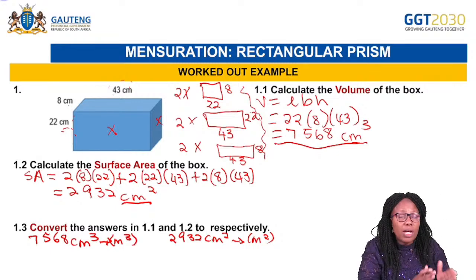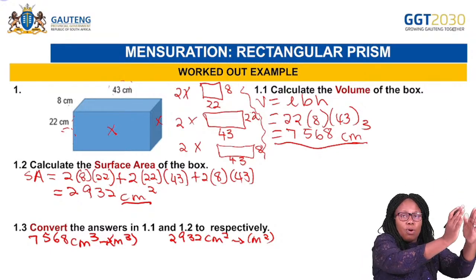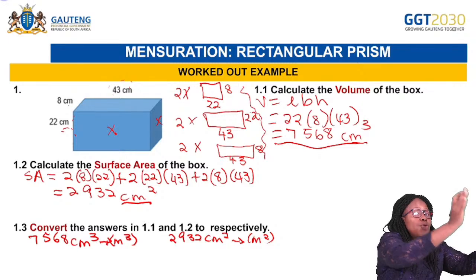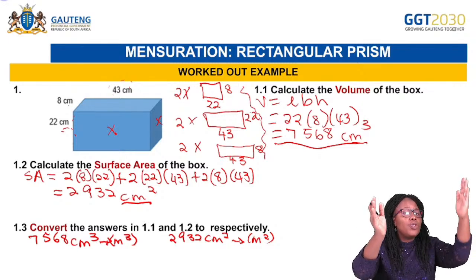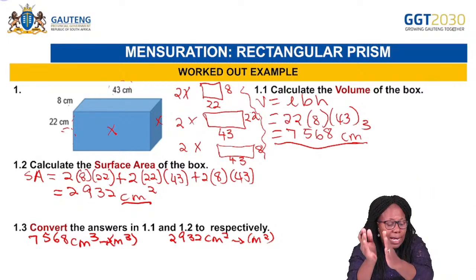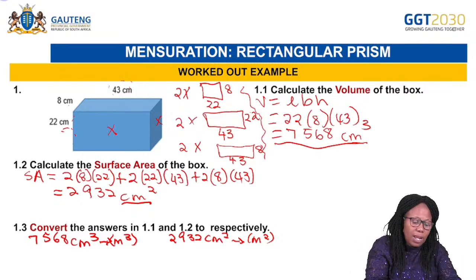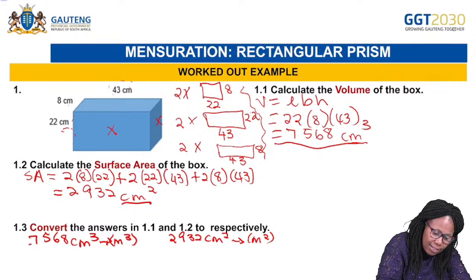Remember, centimeters to meters, we are moving from small to bigger now. But remember, you are not moving from millimeters. It won't be 1,000, because you move from centimeters to meters. It will be divided by 100 instead of 1,000 now. Divide by 100. Divide by 100. This will basically give us how much?